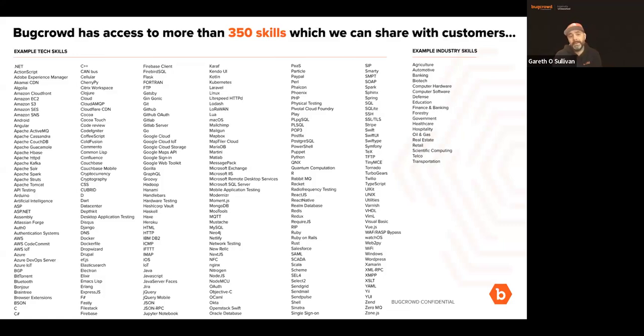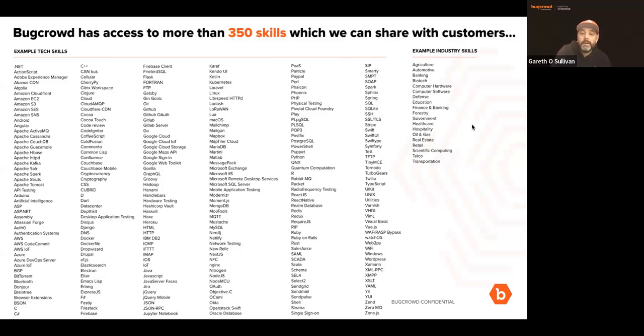Here's just an example of some of the skills that we can share with customers. On the left, we've got an example of the different tech skills, and on the right, an example of the different industries that we work in. We work in pretty much every industry and vertical that's known, with a huge amount in banking and financial services, which is not unusual as they are usually very well funded in that regard.